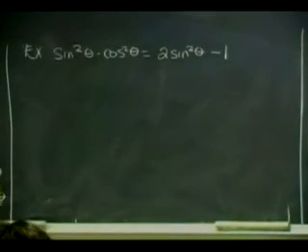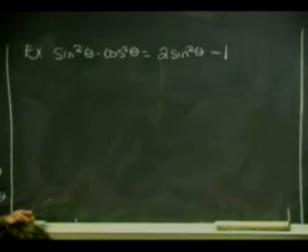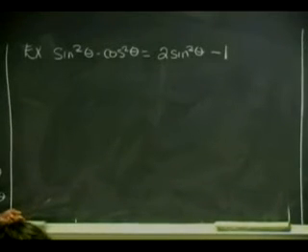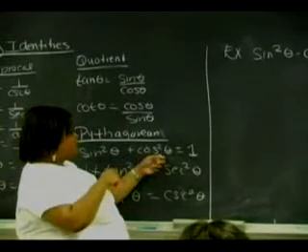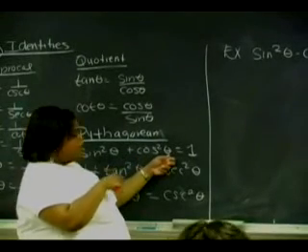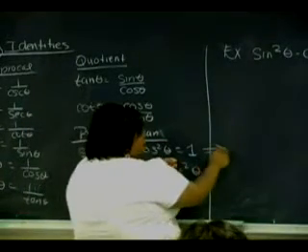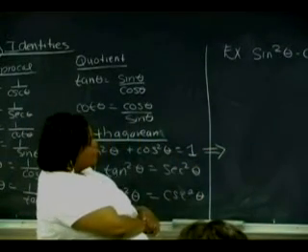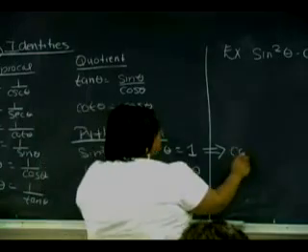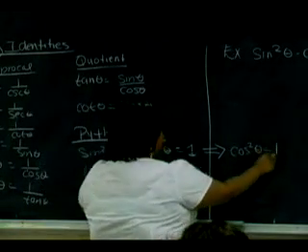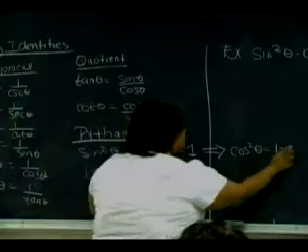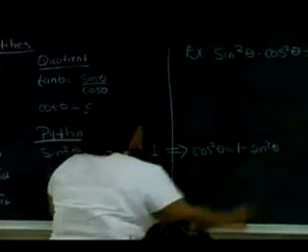Go ahead, Gabriel. Say what you want to say. Sine squared theta plus cosine squared theta is 1. Yeah. And what this means, and I think this is where you're trying to go, I can get that cosine squared theta is 1 minus sine squared theta.